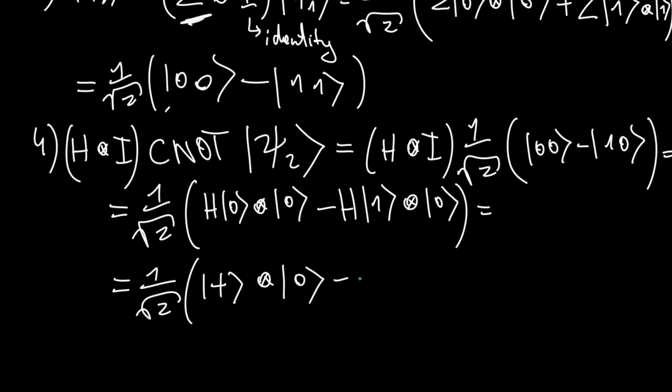Hadamard to 1 is minus. You can actually put this behind the parentheses. It's just like basic multiplication. So it's gonna be 1 minus plus minus minus, and then 0 here.